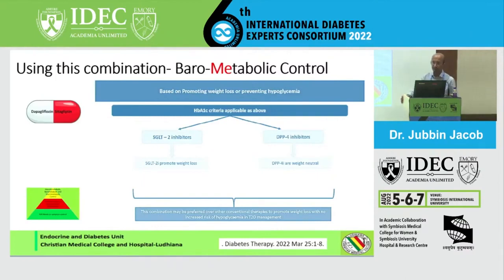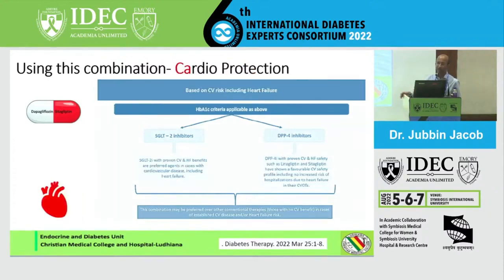Now, for promoting weight loss, preventing hypoglycemia, and both HbA1c criteria, you could use SGLT2 inhibitors, you could use DPP4 inhibitors, but you could use a combination as well. Based on CV risk, you know that dapagliflozin is going to give you heart failure protection, renal protection, and to some extent atherosclerotic cardiovascular risk reduction also.